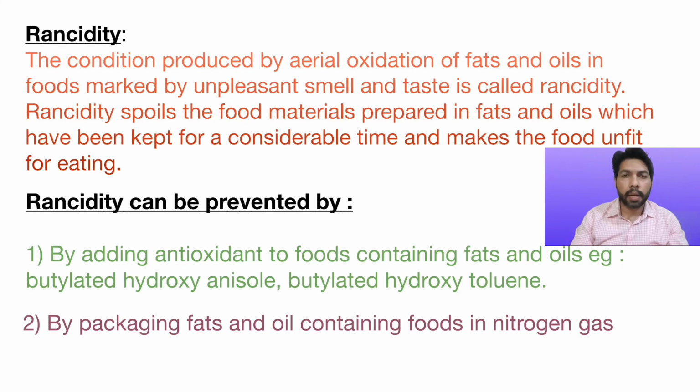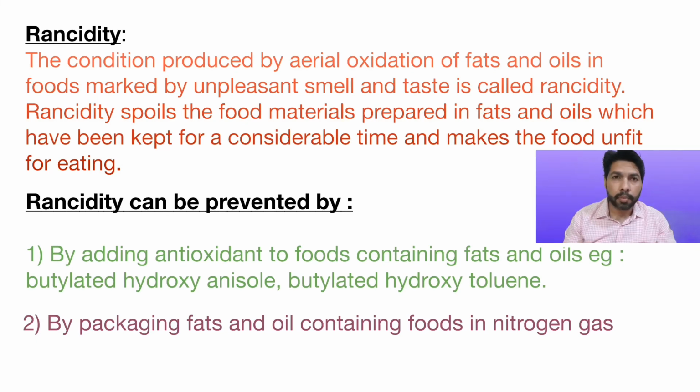So keep in mind, there are just two things that should be kept in mind. First off, the food should be away from aerial oxidation, and secondly, the temperature should be low. So we'll be concentrating on these two things. So first is by adding antioxidant to foods containing fats and oil. Examples of an antioxidant are butylated hydroxyanisole and butylated hydroxytoluene. So what do these antioxidants do?